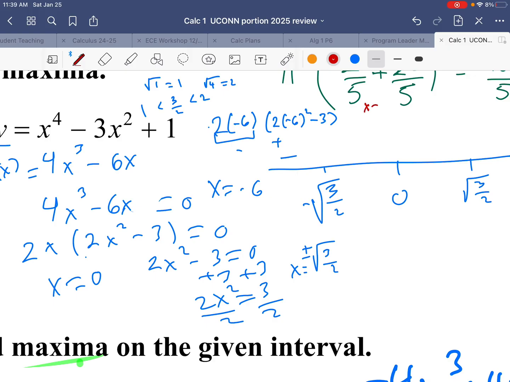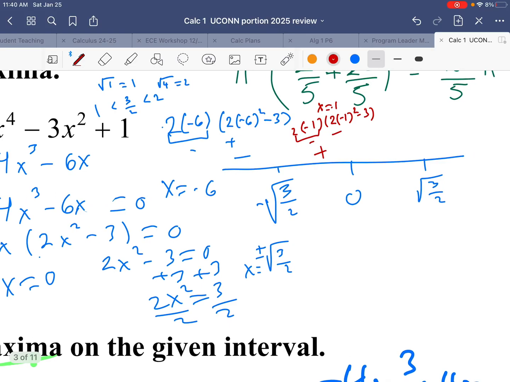If I said x equals negative 1, negative 1, and multiply that by 2, then multiply 2 times negative 1 squared minus 3. This will be a negative. Negative 1 squared is going to get me 1 times 2 is going to be positive 2, and minus 3 is another negative, so I'm positive in between here.